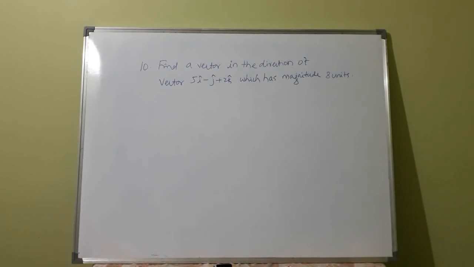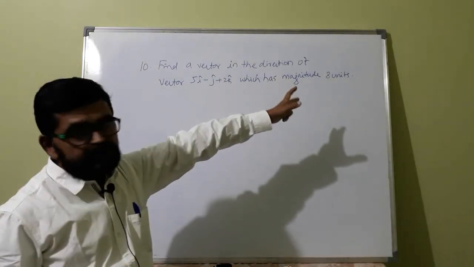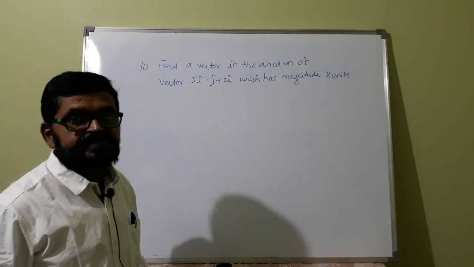Next question is, find a vector in the direction of 5i minus j plus 2k which has magnitude 8 units. How to find this? Vector in the direction of this with magnitude 8 means first you have to find the unit vector in this direction and then you have to multiply that by 8.